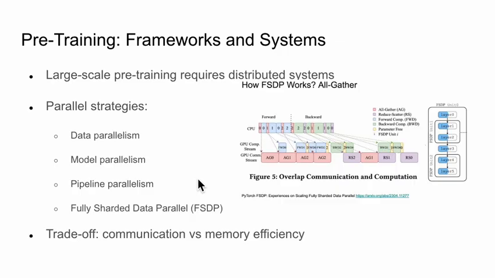More recently, fully sharded data parallelism, or FSDP, shards both parameters and gradients across GPUs to save memory. Each strategy trades computation for communication cost, and efficient scheduling is key to keep hardware utilization high.